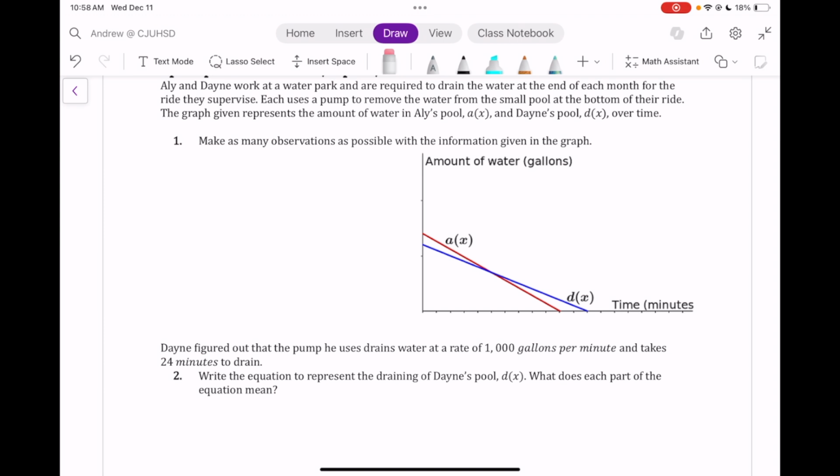Number 1 says to make as many observations as possible with the information given in the graph. Well, just looking at the graph, one thing that might pop out to you is that there are no numbers. Nothing is labeled, really, at the beginning of the problem. Also, both graphs, both A of X and D of X, are negatively sloped.